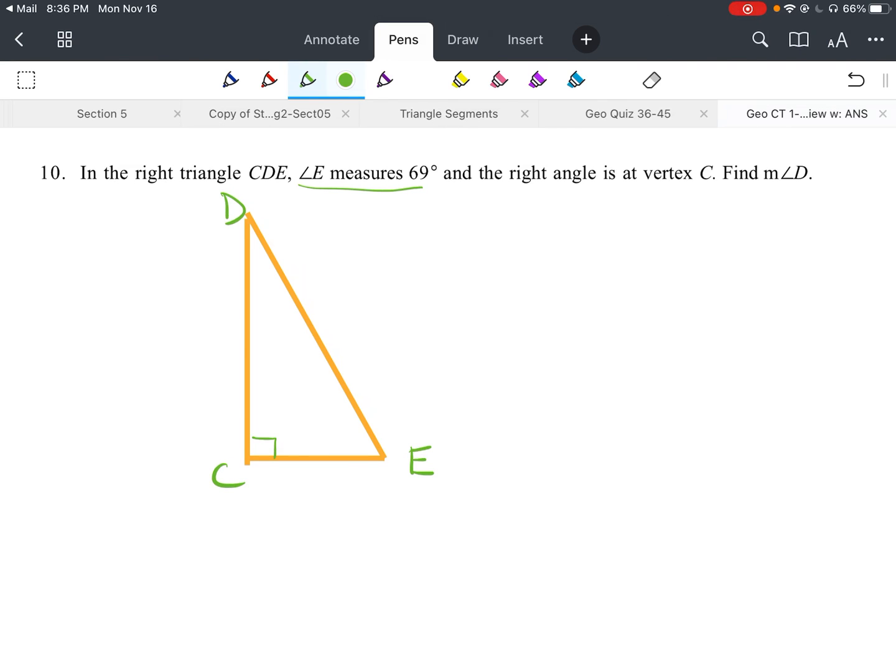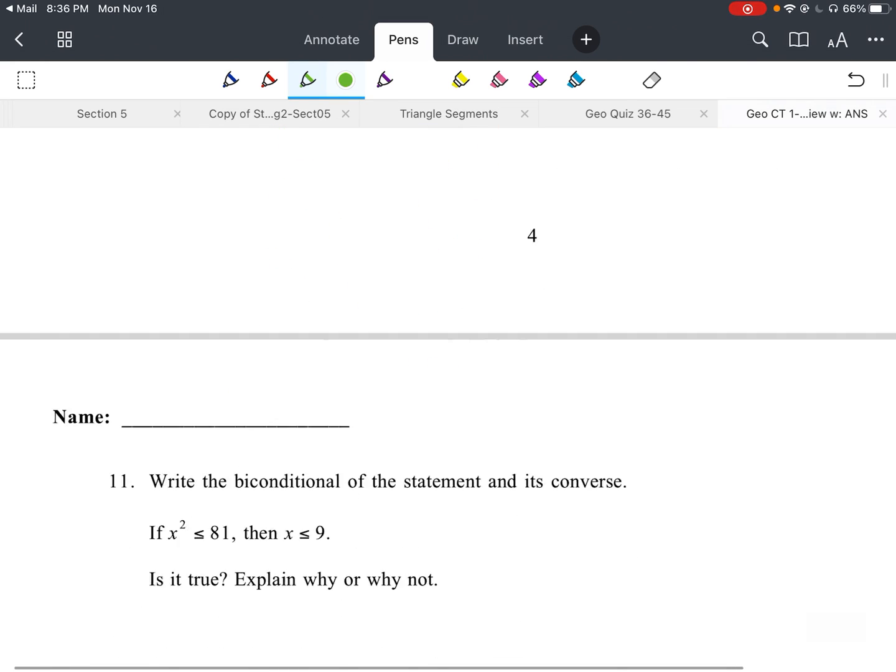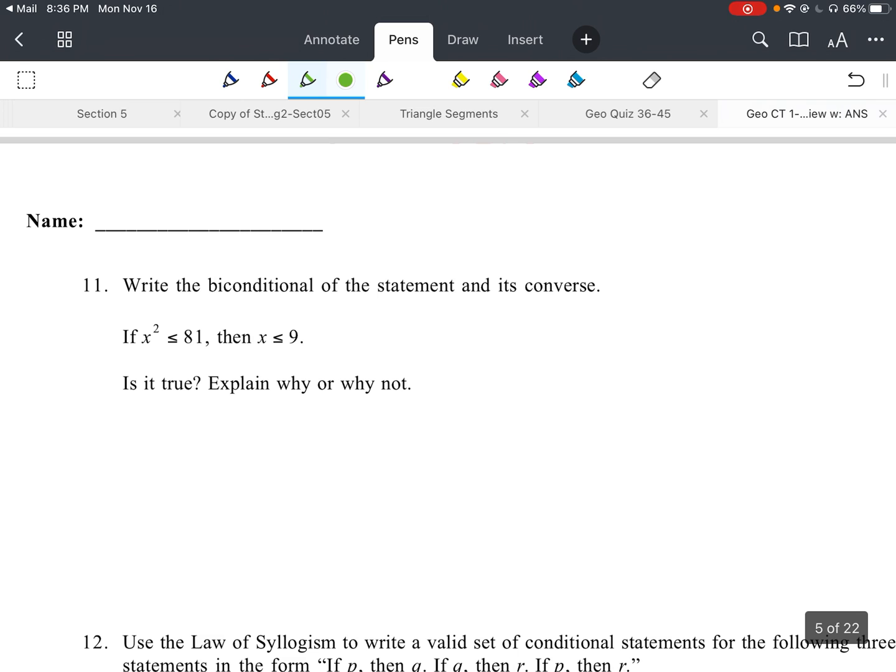It wants us to find the measure of angle D. So if this is 69 degrees, this is just 90 minus all that. And so this would be, because all the degrees add up to 180, so 90 plus 69 plus x, if you want to say it that way. But this is just 21 degrees, because 21 plus 69 makes 90. Woohoo!